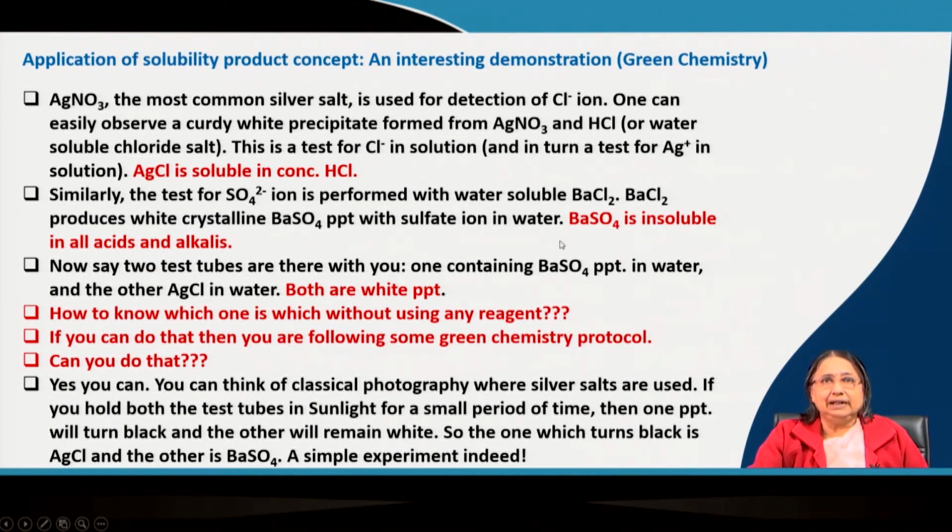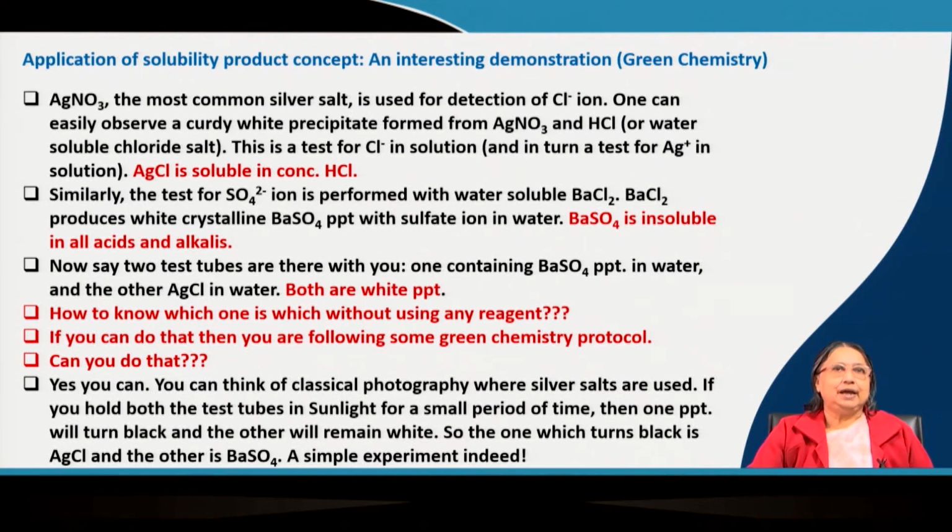One containing barium sulphate precipitate in water and another silver chloride in water. Both are white precipitates, you are not giving any HCl to test. So, how can you test? Without putting any reagent, how can you tell something is AgCl and something is barium sulphate? If you can do that, then it is a green chemistry approach, a green chemistry protocol. Can you do that? This is my question.